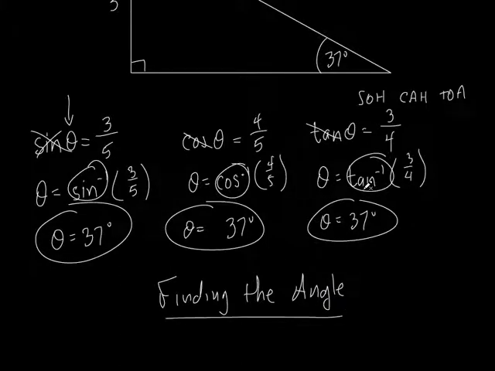If you're finding one of the lengths of the sides, then you're just going to use regular sine, cosine, tangent. You're not going to hit the second function. Do you hear what I said? Write that down somewhere, okay? You only use the inverse when you're finding the angle. When you find the sides, you're just using straight up sine, cosine, or tangent.